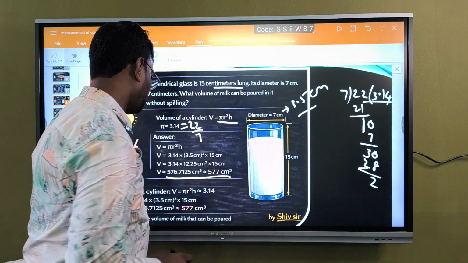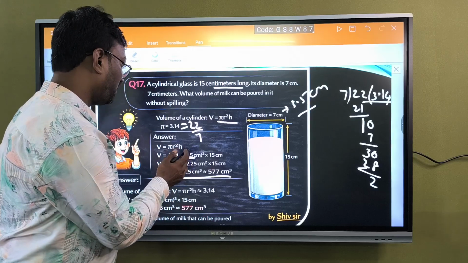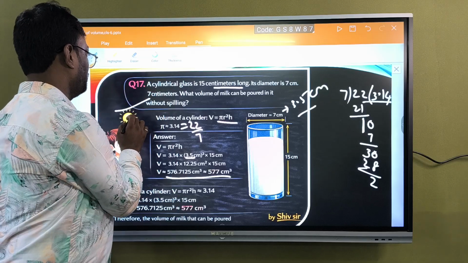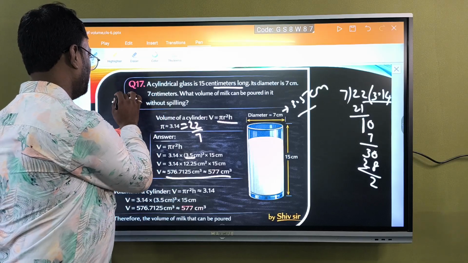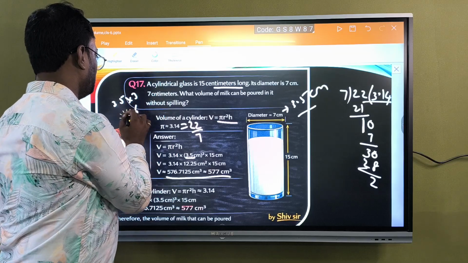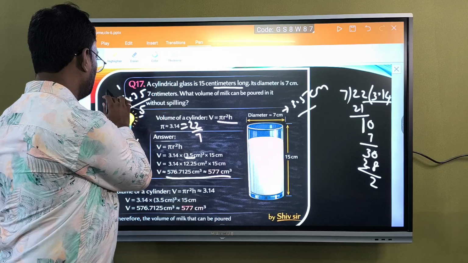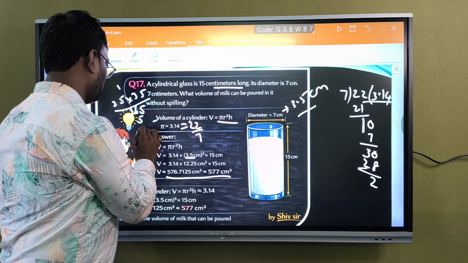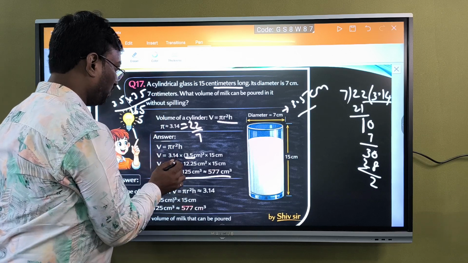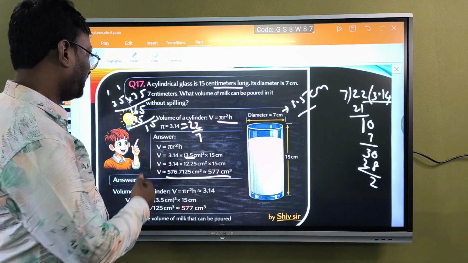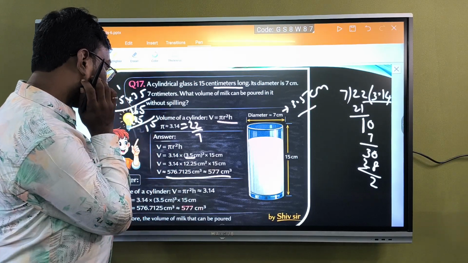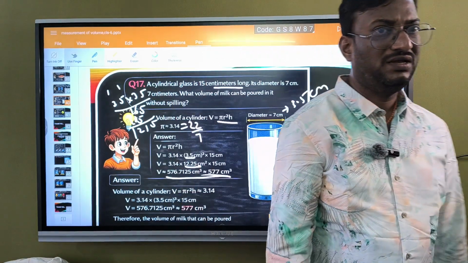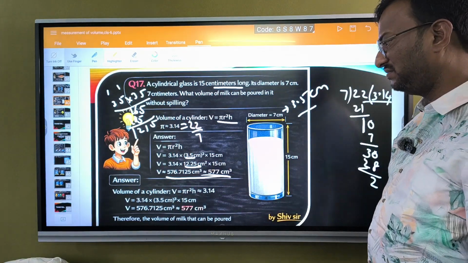So this should be corrected. 3.5 into 3.5 will be nearly 12.25. Then 12.25 into 15, it will be around 577 centimeter cube. Likewise we can calculate that.